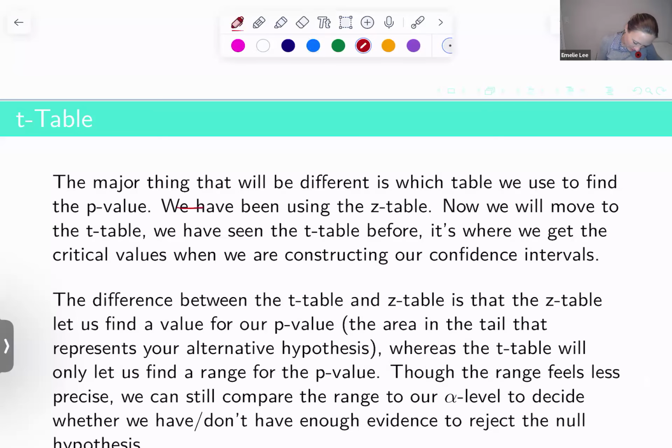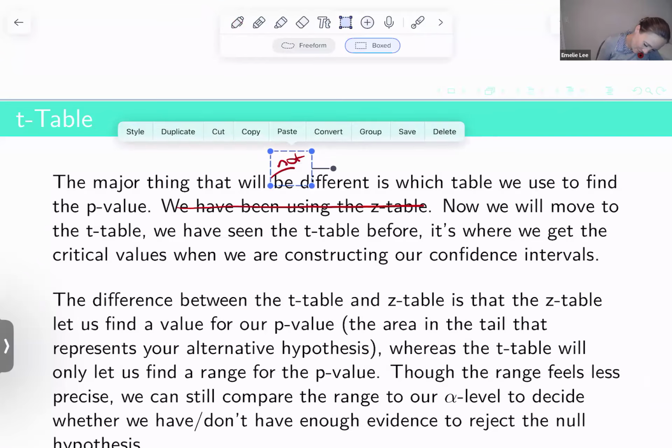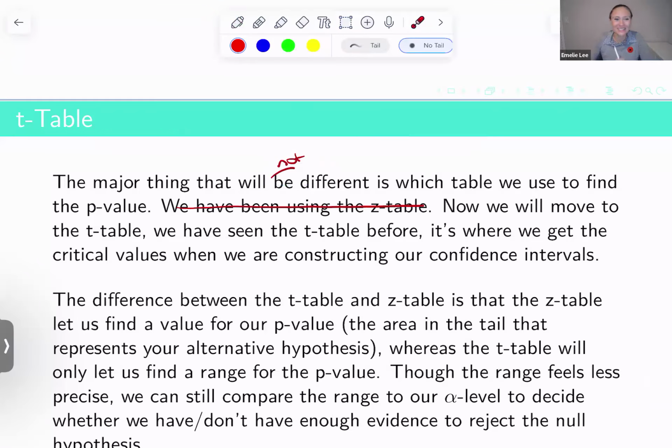So we have not been using the Z table. You can, but that will not be different for us. Okay. It's relatively new that I use the t-table so early, but I think it sets you up because then you only use one procedure for all your hypothesis testing and confidence intervals.